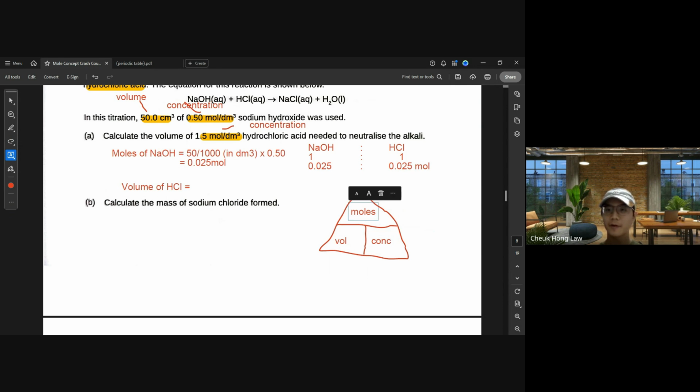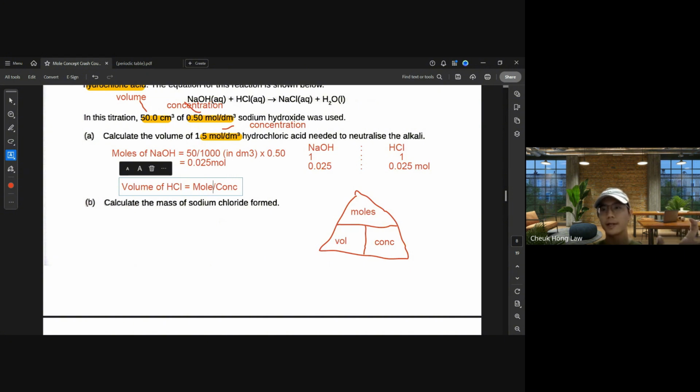If I want to find number of moles, I take volume times concentration, because they are beside each other. If I want to find concentration, I take mole divided by volume, because mole is on top of volume. Then if I want to find volume, I take mole divided by concentration. Now I want to find volume, so I have to take the mole divided by concentration.